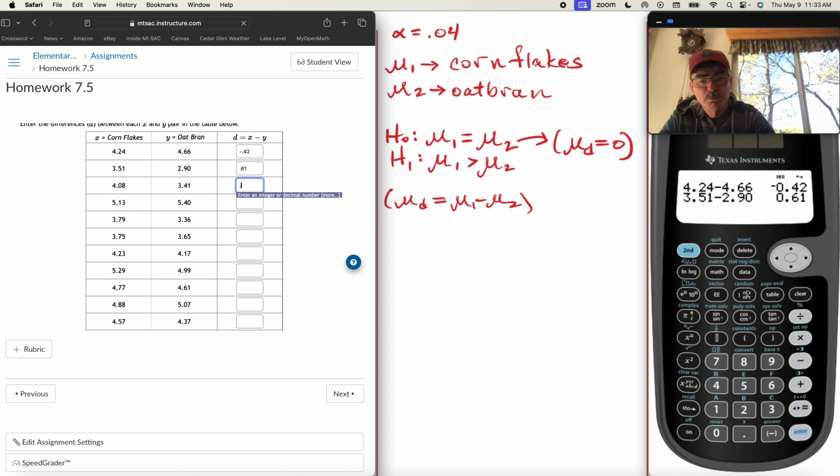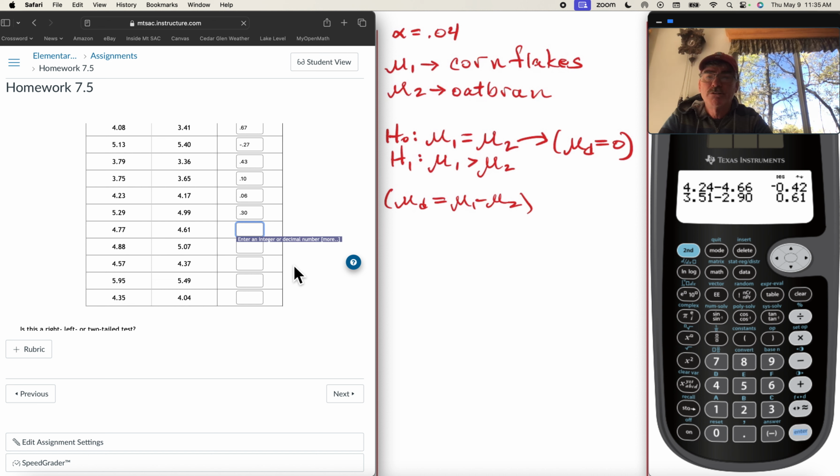So the next one should be 0.67. Then negative 0.27. Okay, then 0.43. Then 0.10 if you like. 0.06. 0.30 or just 0.3.